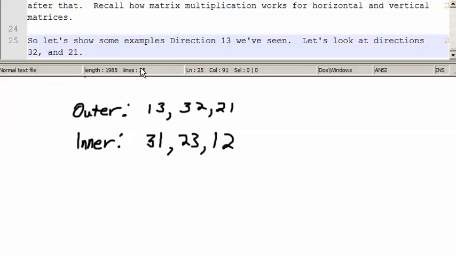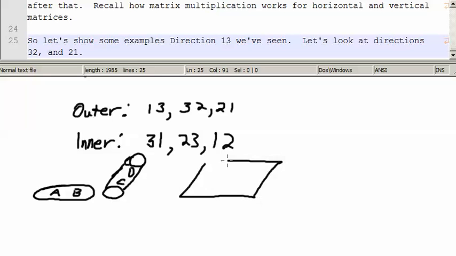So let's show some examples. Direction 1, 3 we've seen. Let's look at directions 3, 2, which is this times this. Direction 3, 2 is going to be an outer product. AB times CD is going to end up being basically a square matrix in that direction with AC, BC, DA, and DB.